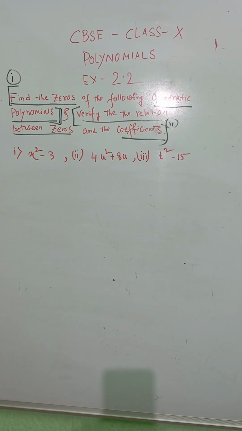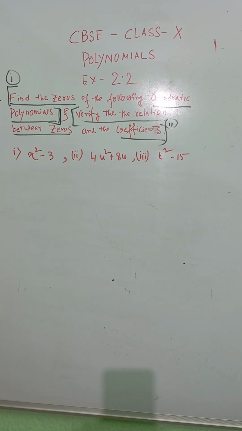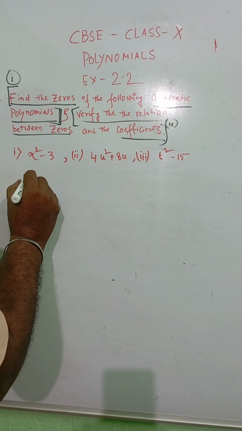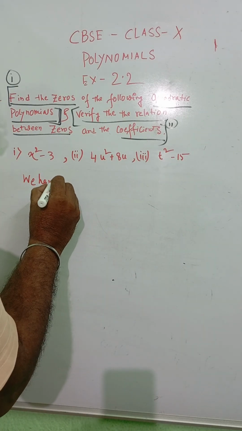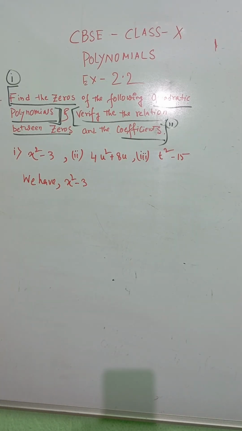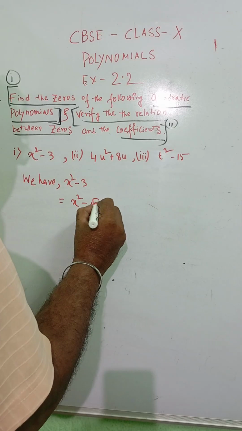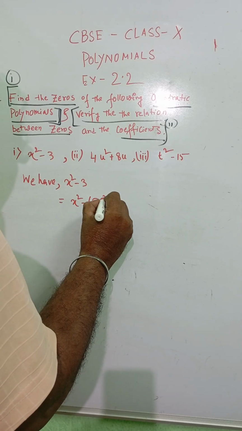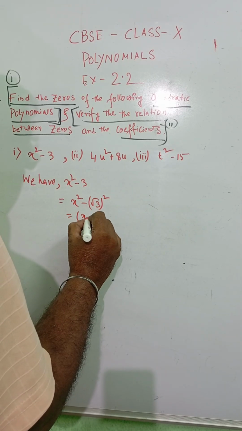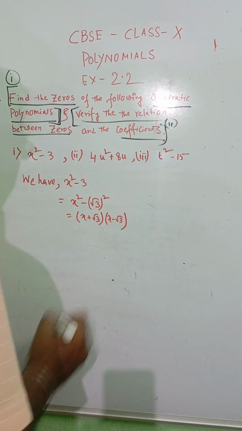So let's start with x square minus 3. Now what do we write? We have x square minus 3, that is x square minus root 3 squared, that is x plus root 3 into x minus root 3.